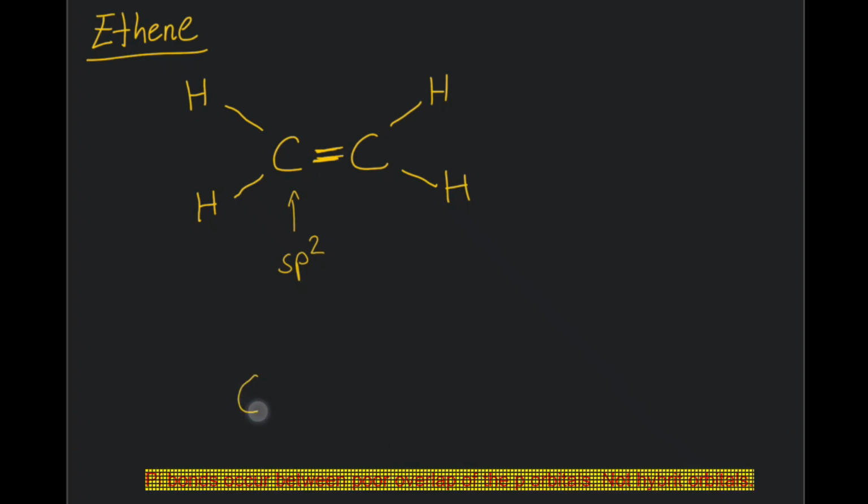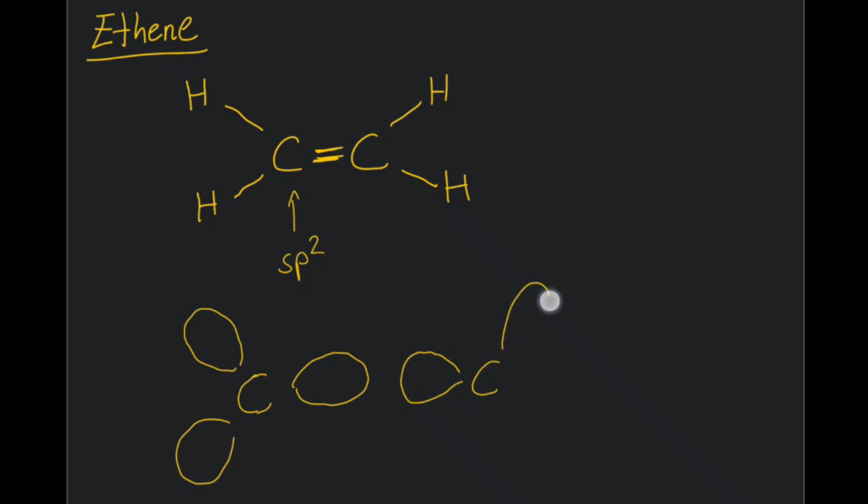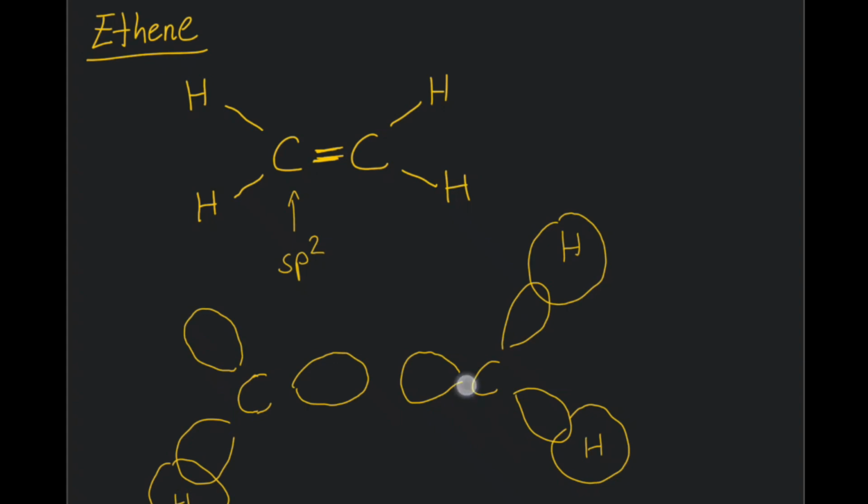and we can draw it. We have a carbon atom here, and we have another carbon atom. Again, hydrogen has a valence orbital, another valence orbital, another valence orbital, and another valence orbital.